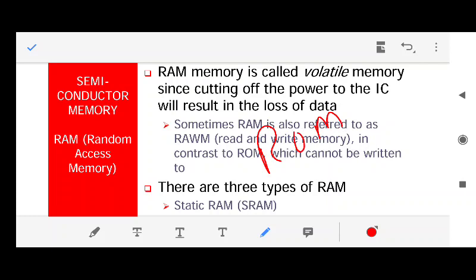Once you have written your code into the ROM, you want it to always remain there, even if you switch off your machine. RAM can be volatile or non-volatile depending upon your application.